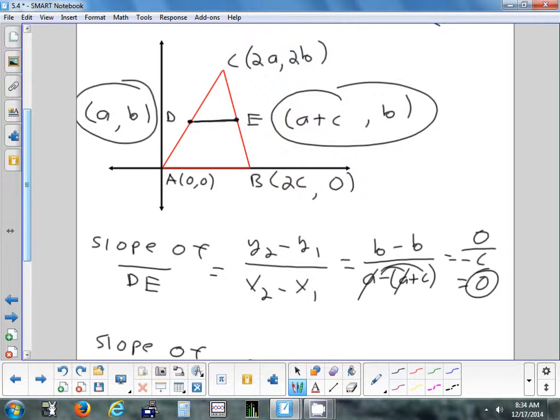All you have to do if you're on a number line, let's say you're at 2 and 8, and you want to know the distance between 2 and 8, just take the absolute value of 2 minus 8, or 8 minus 2, it's 6. So you just have to subtract your endpoints.